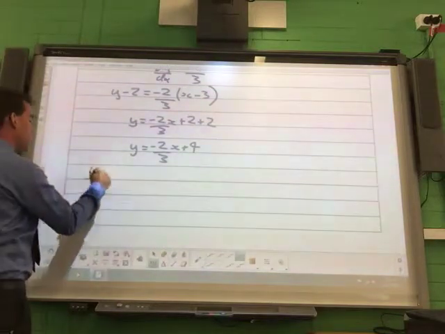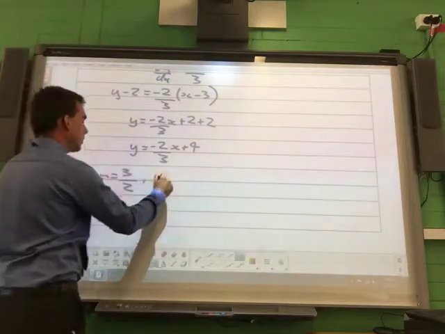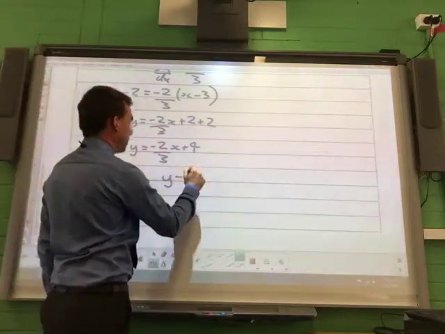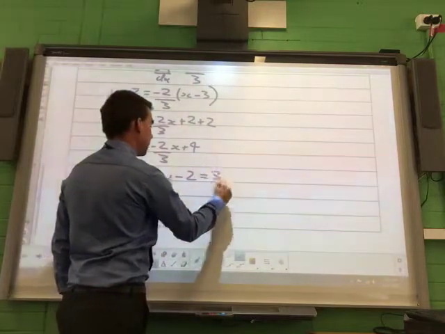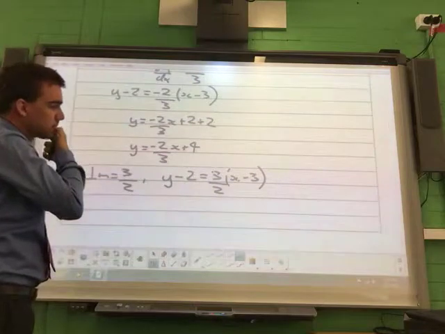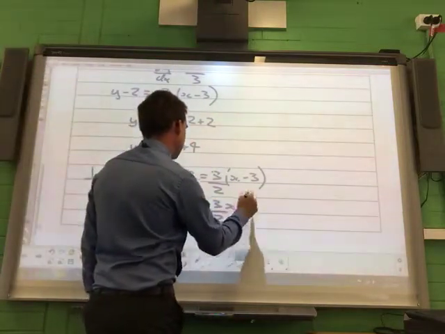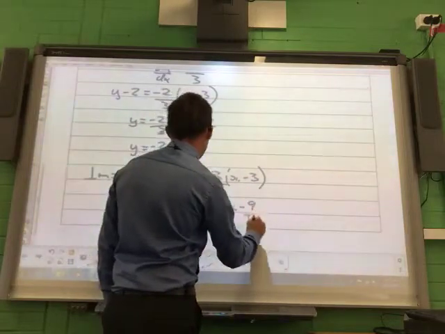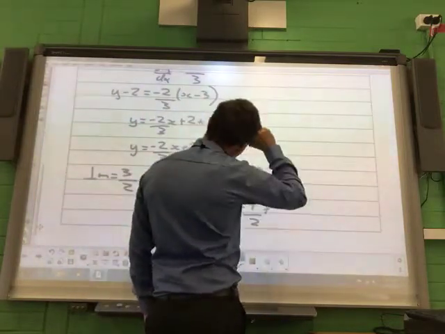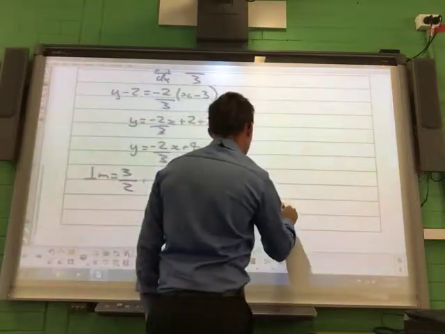Alright, so the perpendicular gradient is 3 over 2. The y take away 2 is going to be 3 over 2 times x take away 3.